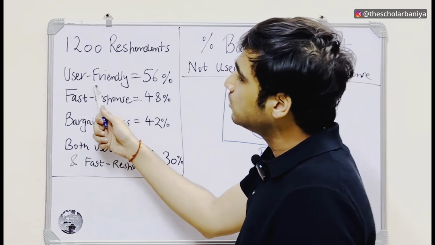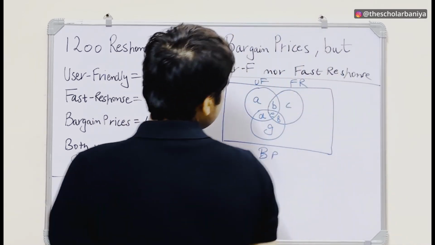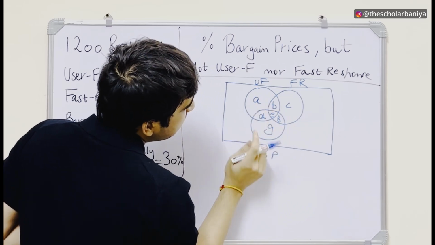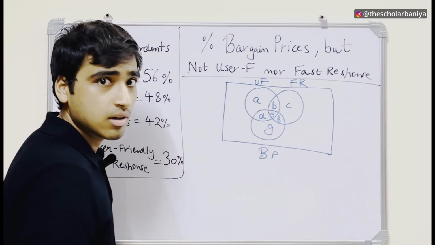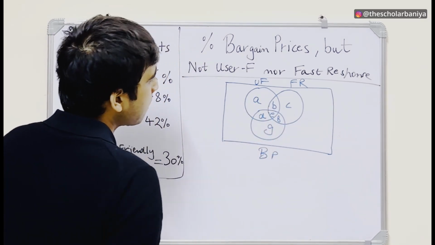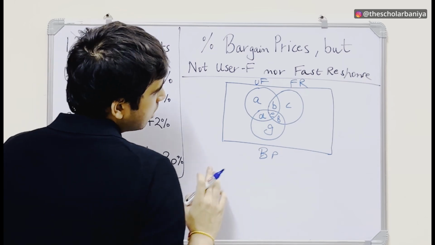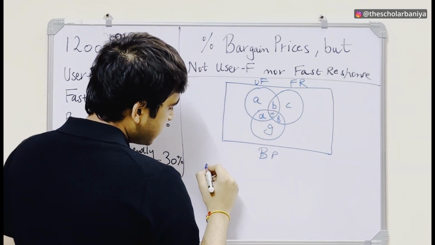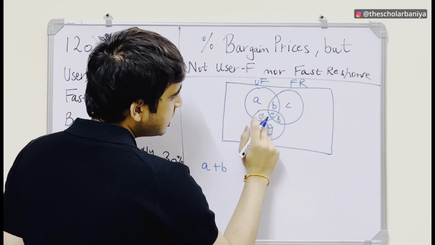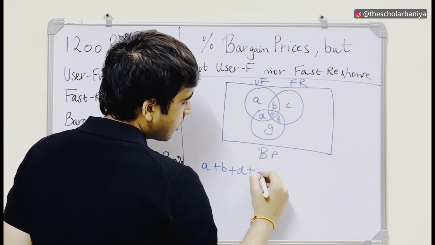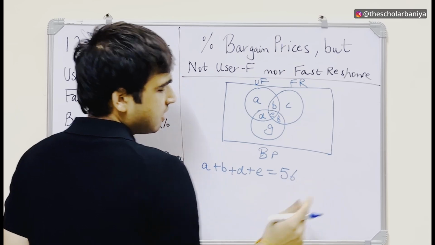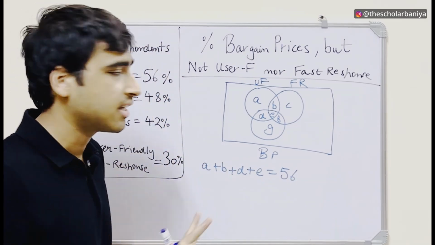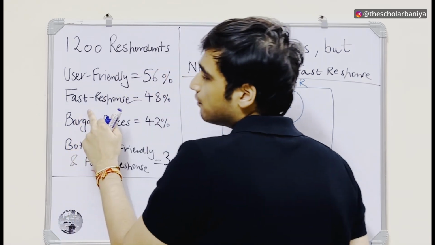So we know that user friendly is 56%. User friendly is basically this circle, which is A plus B plus D plus E. This is 56. Let's suppose that there are a total of 100, so 56% means 56. What about the fast response?